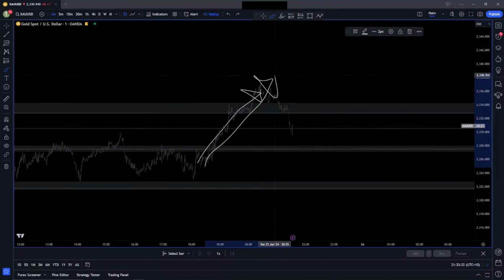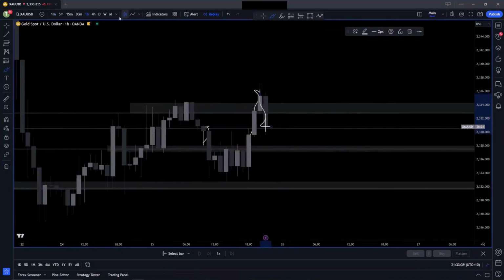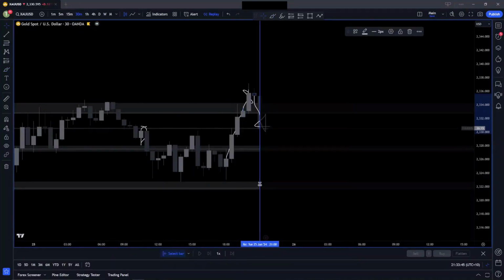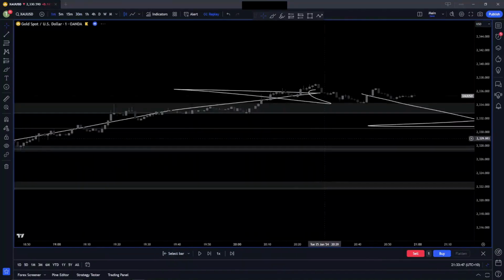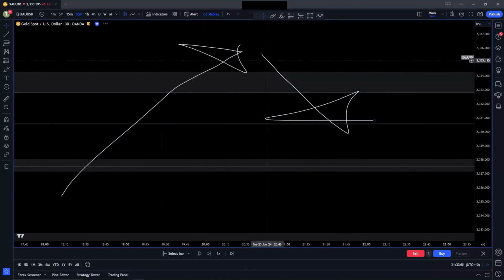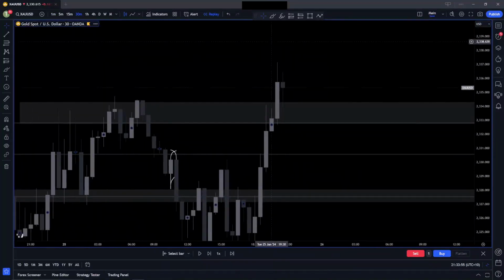When you have a big push up, 70% of the time you're going to have a correction to that. And I think 30-minute wise, you also had a 30-minute close bearish.